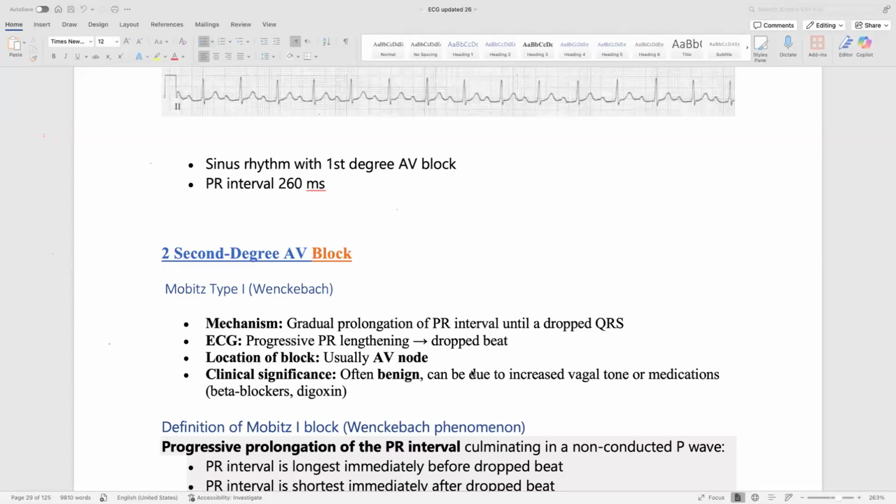Wenckebach is Mobitz type 1 because the delay is in the AV node, because of vagal tone or medication. The AV node has moments where it is short, normal, a little bit long, and then very long.